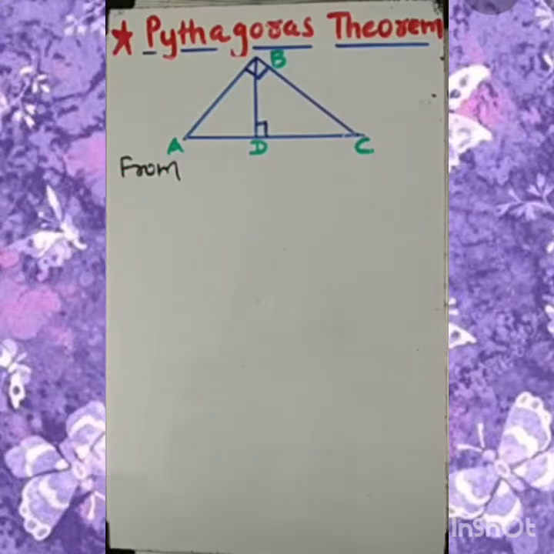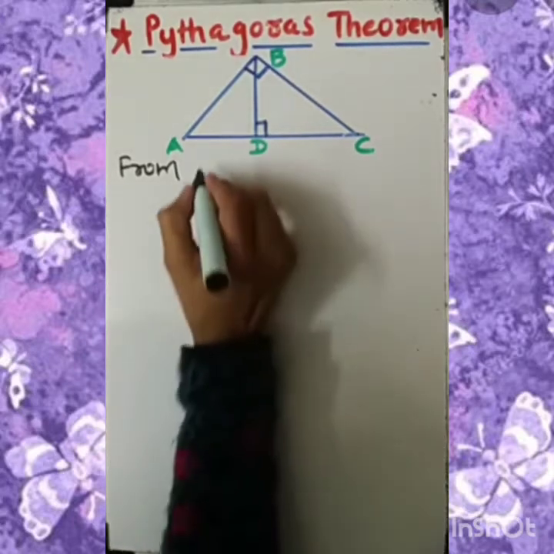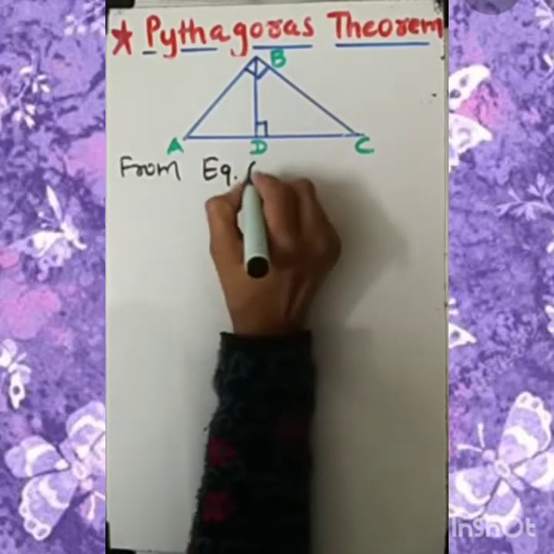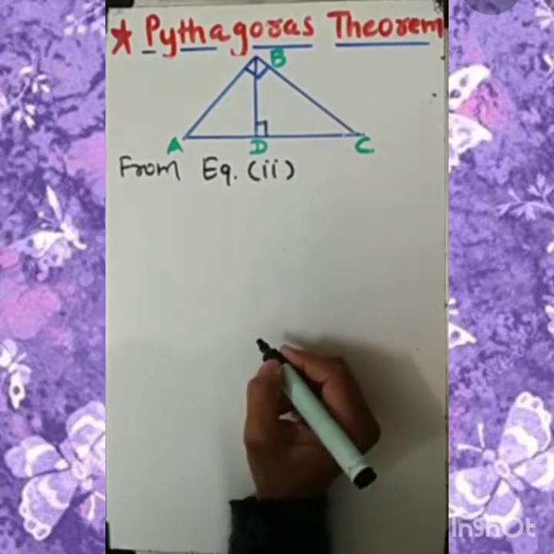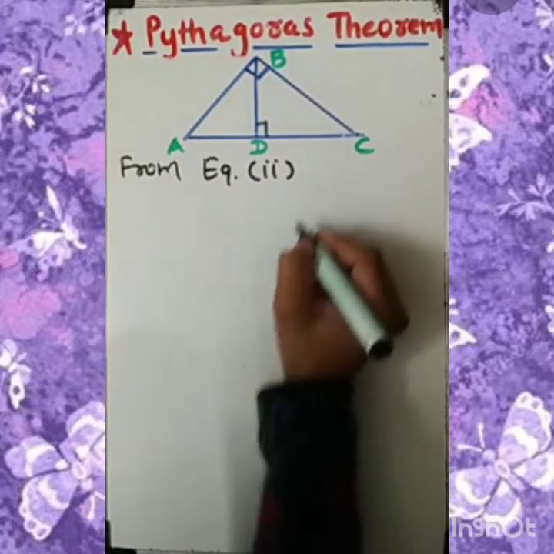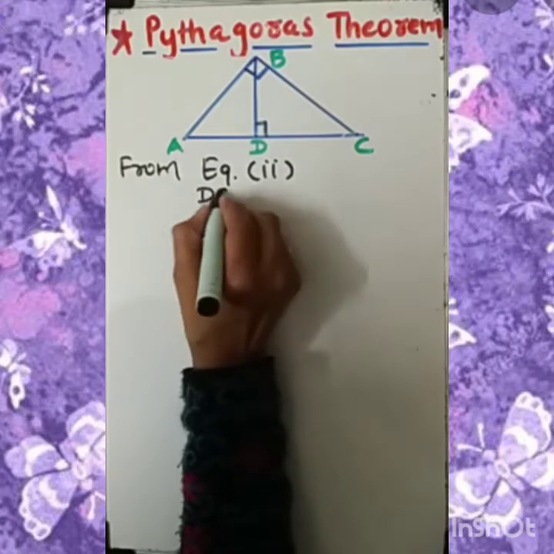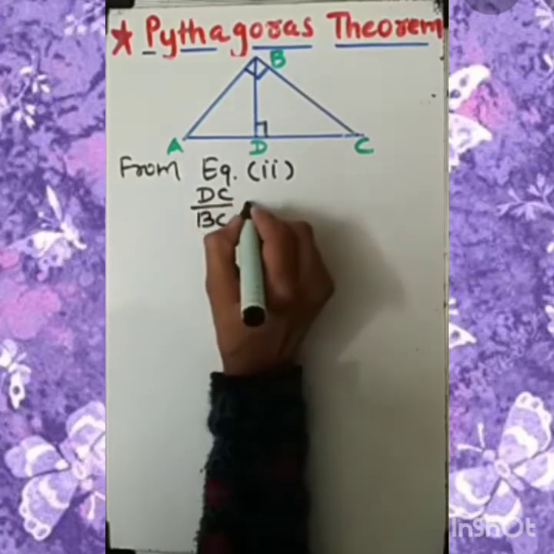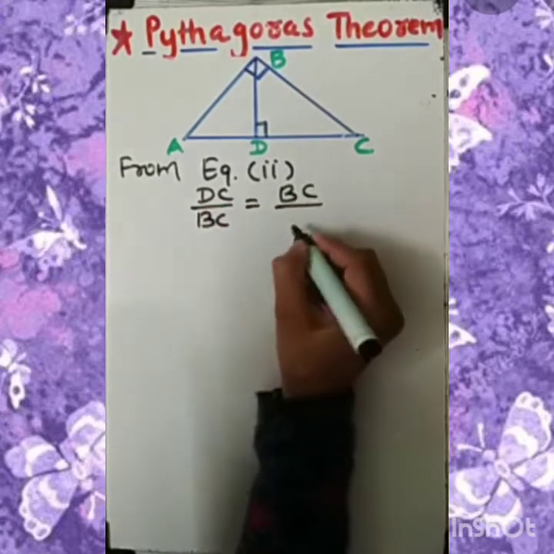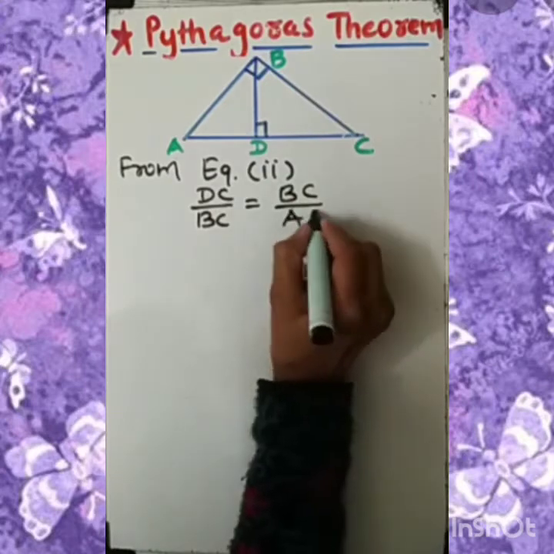Now the Pythagoras theorem in continuation, third part. From equation 2 we have one more important result: can I say DC upon BC will be equal to BC upon AC.